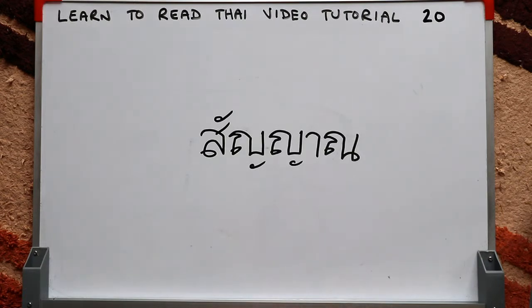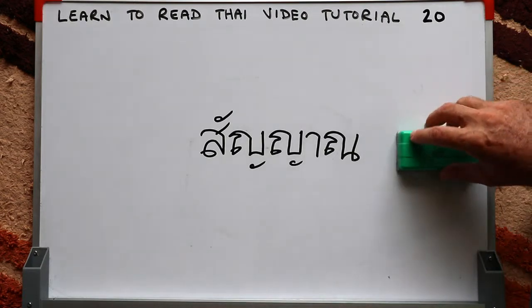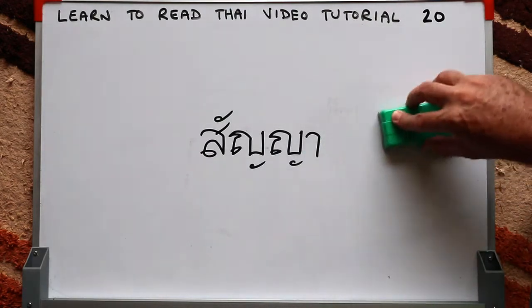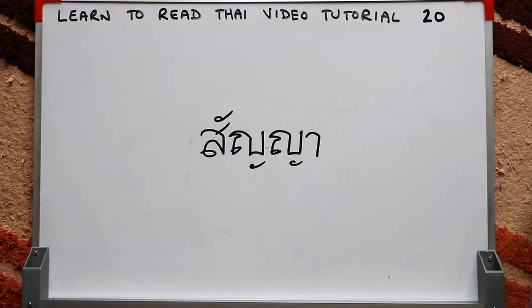Now, what I'm going to do is just get Pom to remove the final consonant. So here we have the same word without the final N sound. สัญญา. And that word means promise, contract, or agreement.